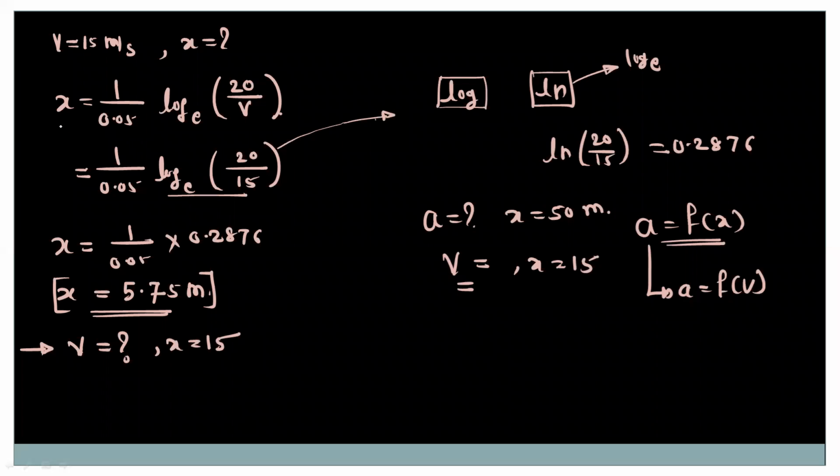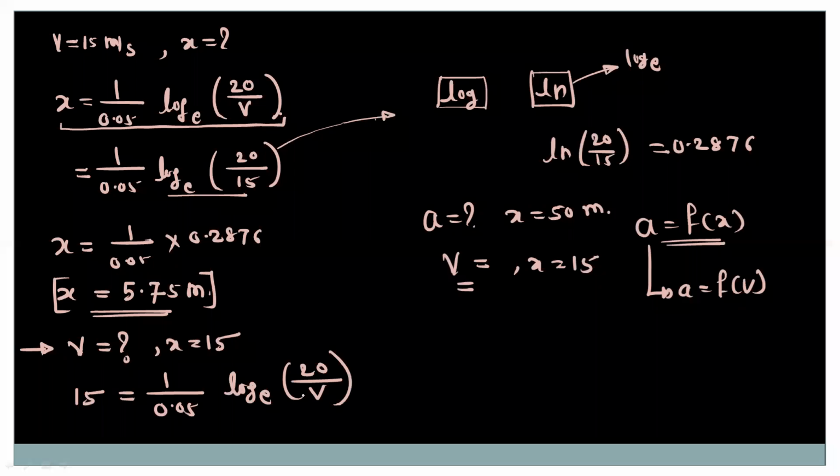So put this value in this equation. So x is 50, so this is equal to 1 upon 0.05 log to the base e of 20 upon v. So v is the unknown. Try to simplify this.